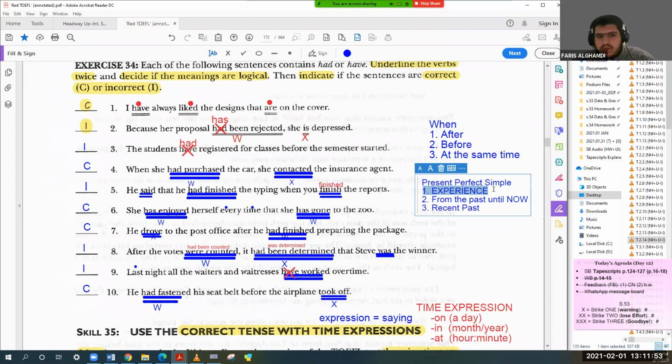With the key word, it's every time. That's right. Every time she has gone to the zoo, she has enjoyed herself. So at the same time, she has gone to the zoo. She has enjoyed herself. These two actions happen together.